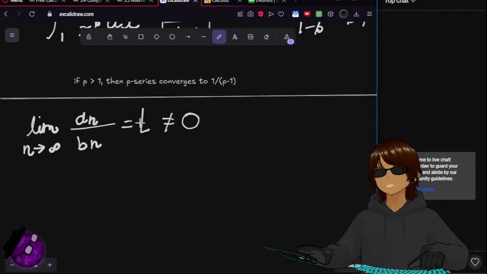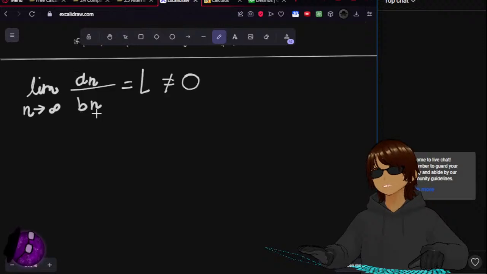If this reaches a particular constant, then if either one of them diverges, then the other one also has to diverge.